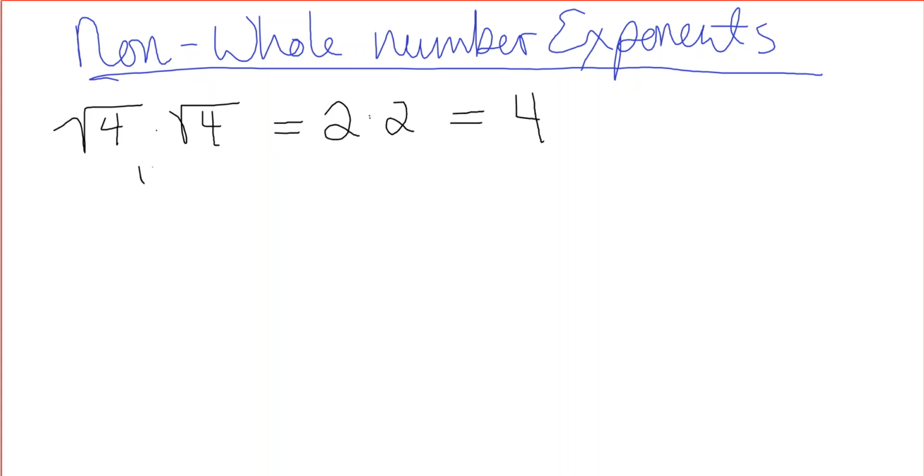And hopefully you recognize this is the same as multiplying something by itself. So this is like the square root of 4 squared, isn't it? Interesting. Hopefully you see the connection here that if I square a square root, I get what was inside that square root back. Not too much of a shocker there.